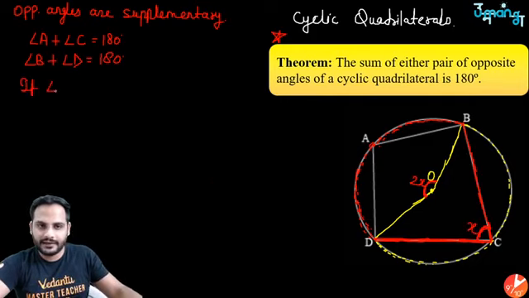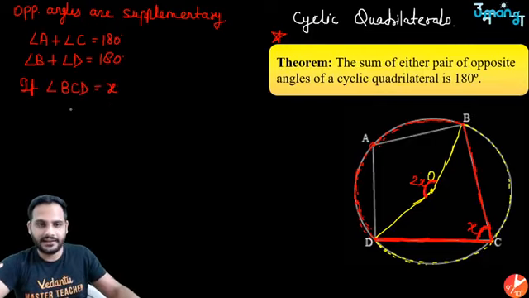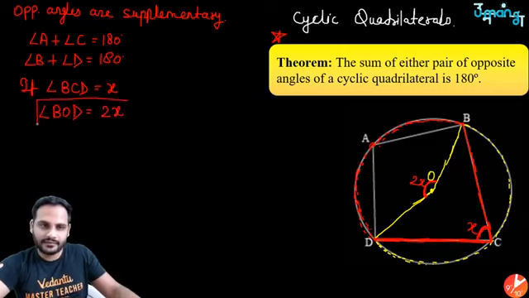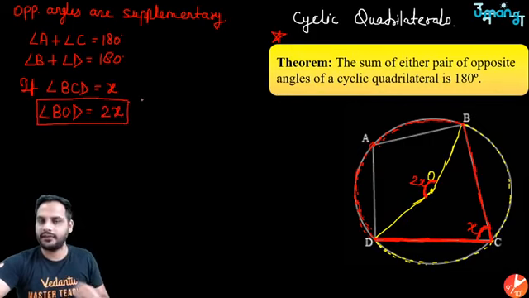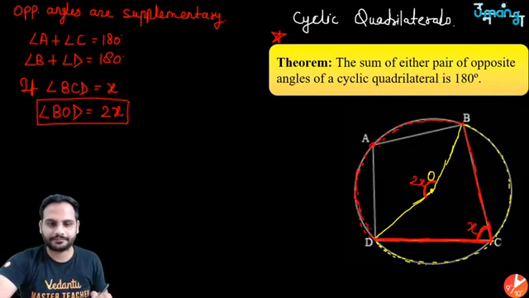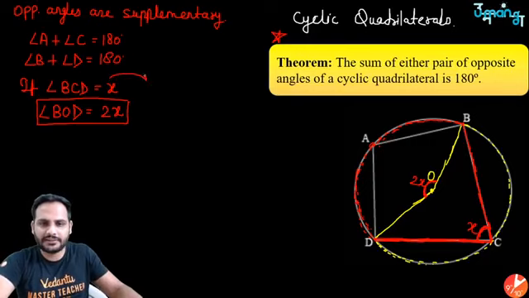If angle BCD is equal to X, then angle BOD will be equal to 2 times X. Angle BCD is nothing but our angle C only, so angle C is equal to X degrees.